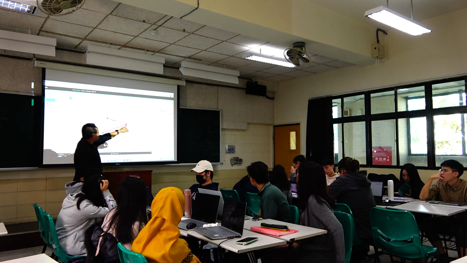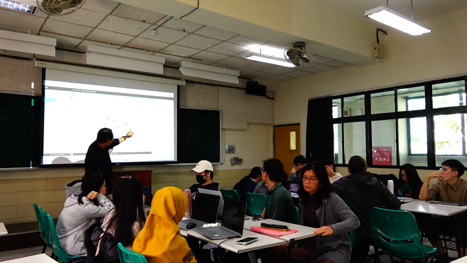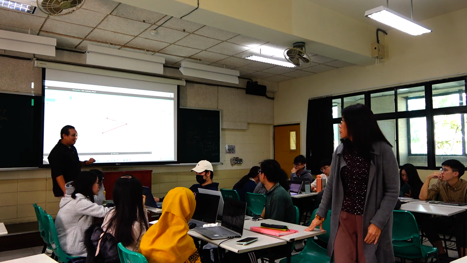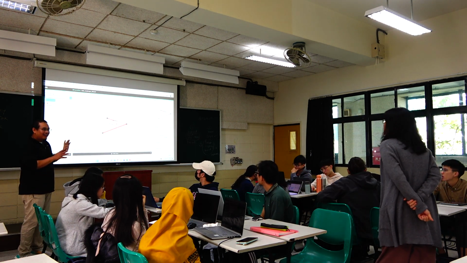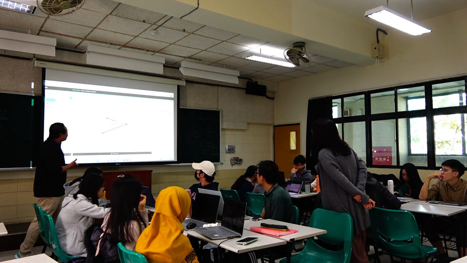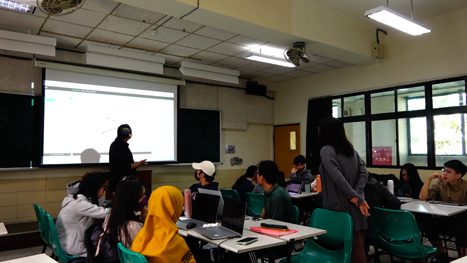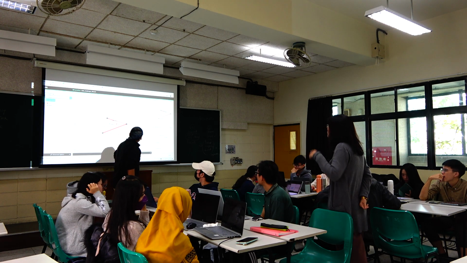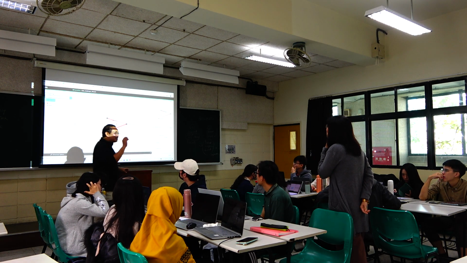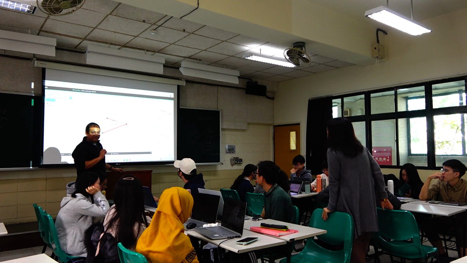And now you can see the PhD student and the master student have different needs, right? From the lines here, you can see the thickness of the lines are different.